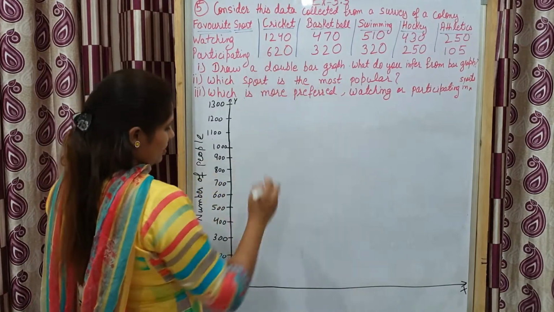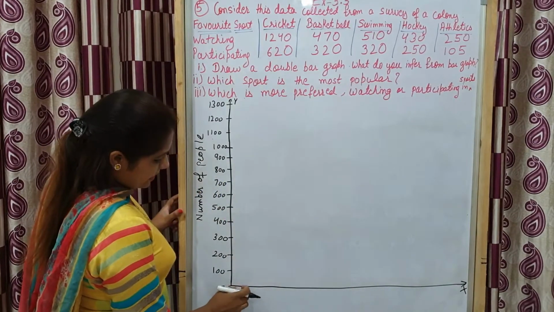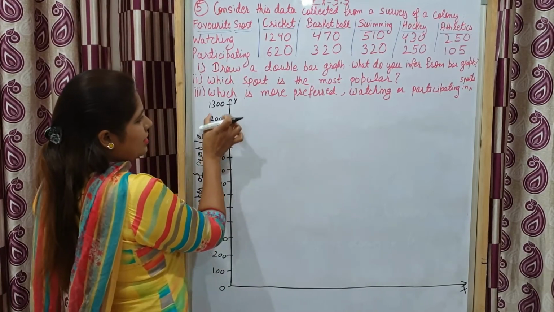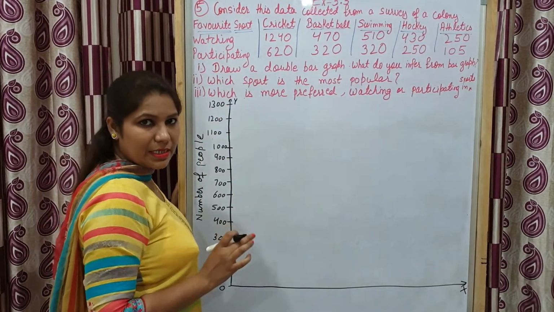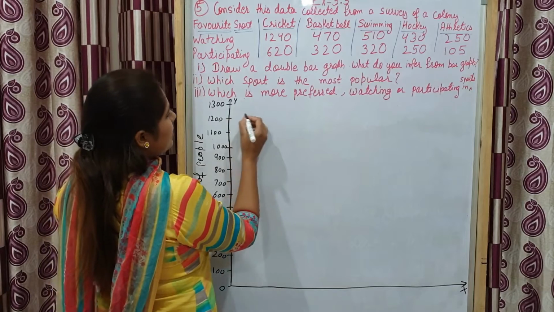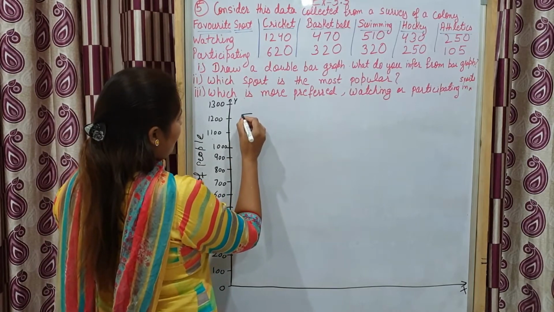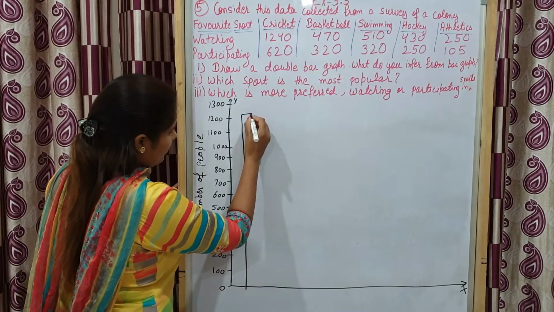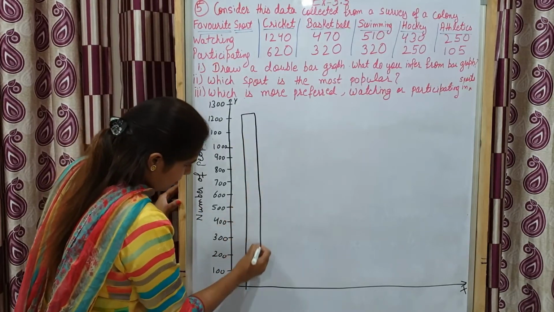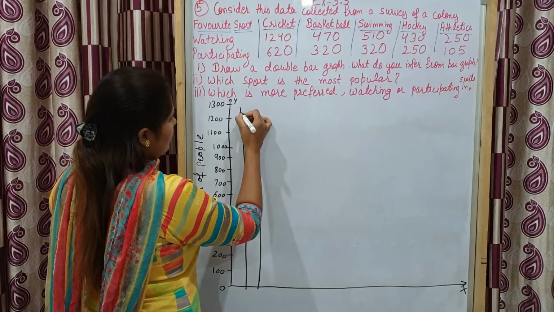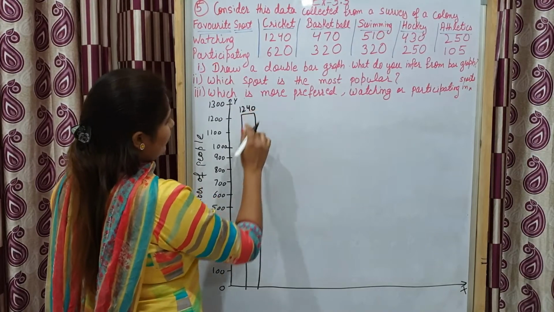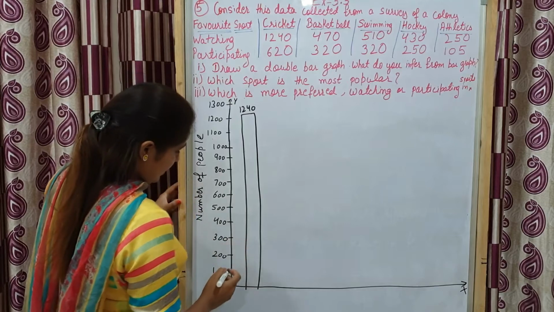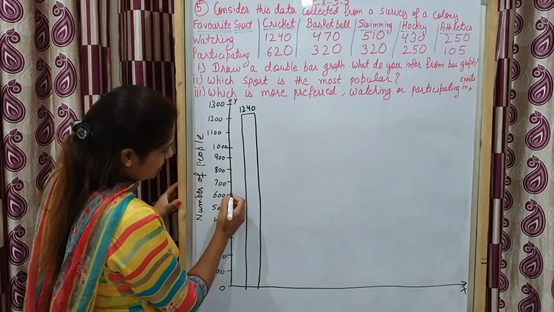Now 1240. I leave one box, again 1240. Between 1200 and 1300 there are 10 lines, so in between here is 1240. So I draw. Here I am going to write 1240 for convenience. Then participating is 620, second line.